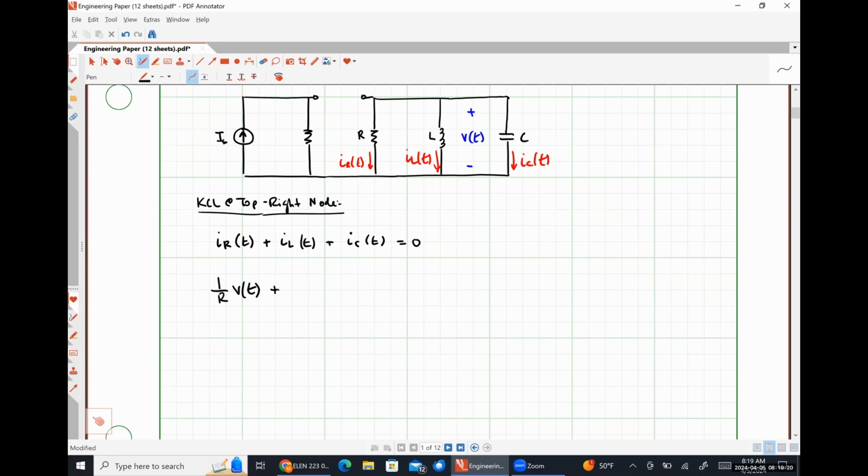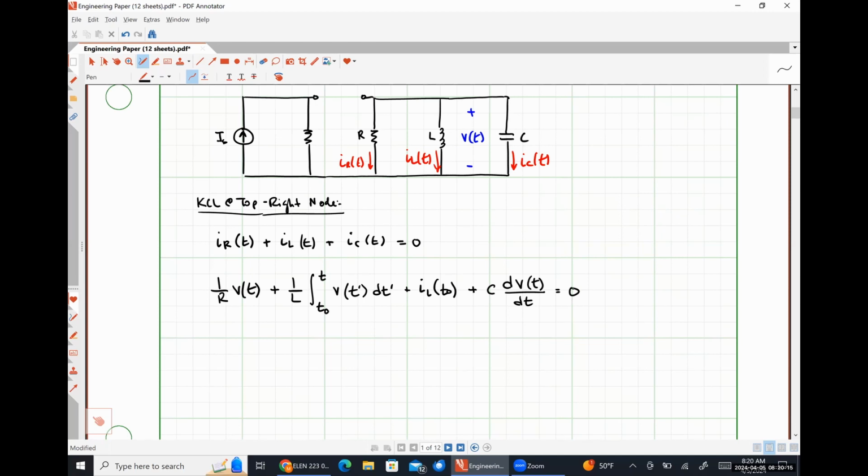For our inductor, that's going to be 1 over L times the integral from T naught to T of V of T prime dt prime plus IL at T naught, so whatever initial condition we had, plus C times the derivative of the voltage with respect to time is equal to 0, right?